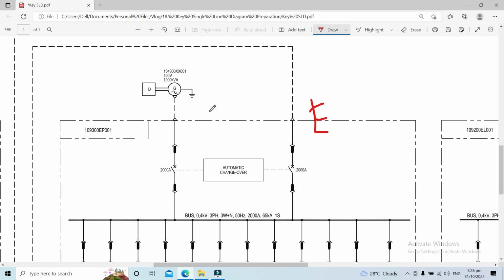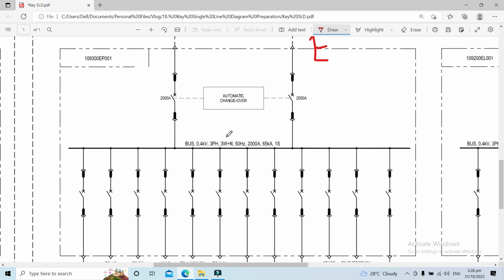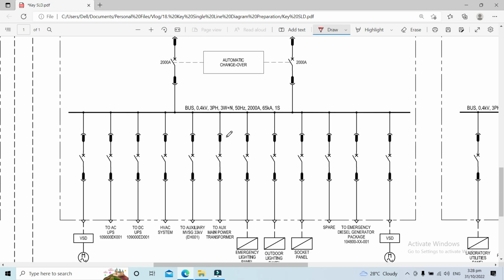In our case, this LV switchgear is also fed by a 1000 kVA diesel engine generator. The purpose of this emergency LV switchgear is to supply all the vital or essential loads.